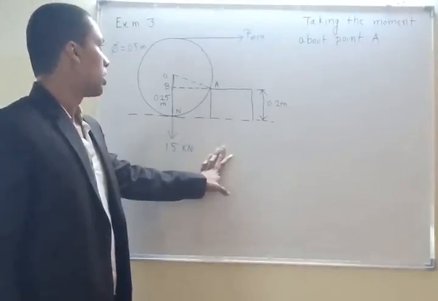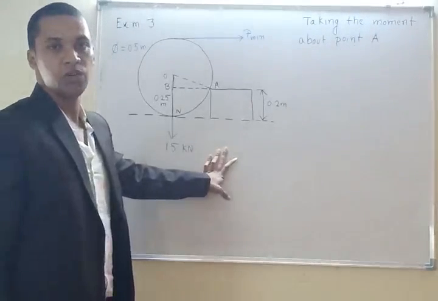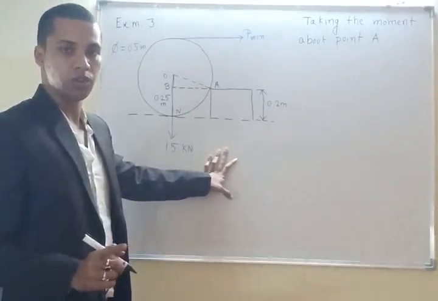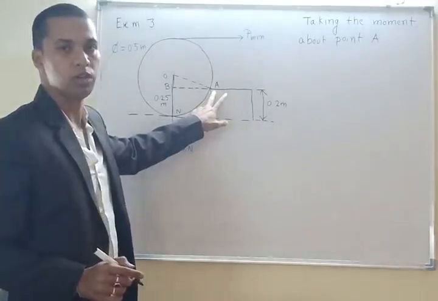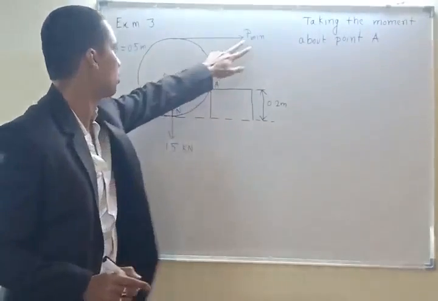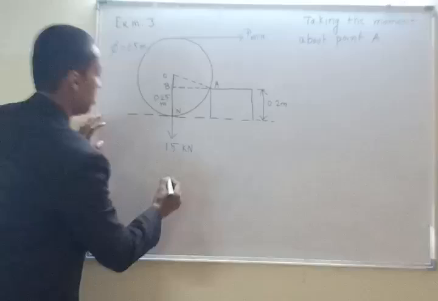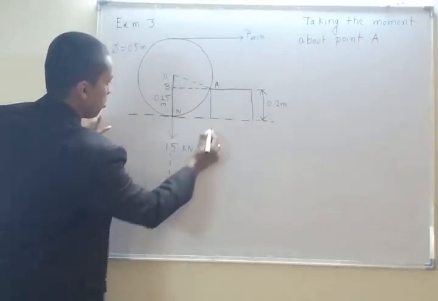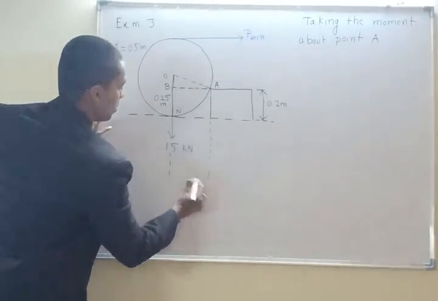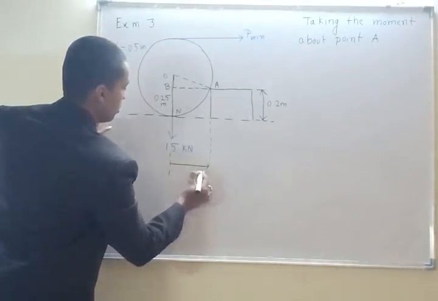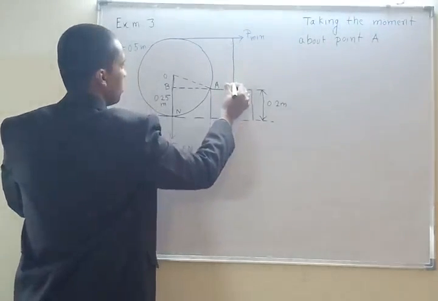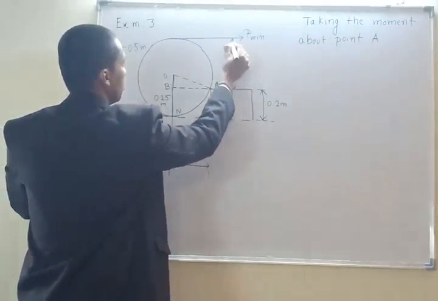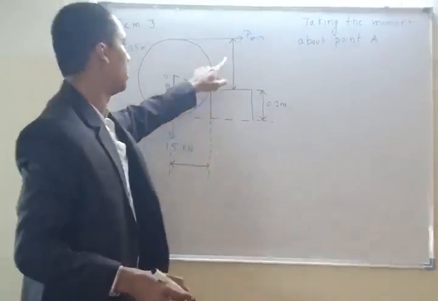It means we are taking the perpendicular distance of the forces from A. From A, what is the perpendicular distance of these two forces? One perpendicular distance is from A to this one. Another one is this one. These are the two perpendicular distances.